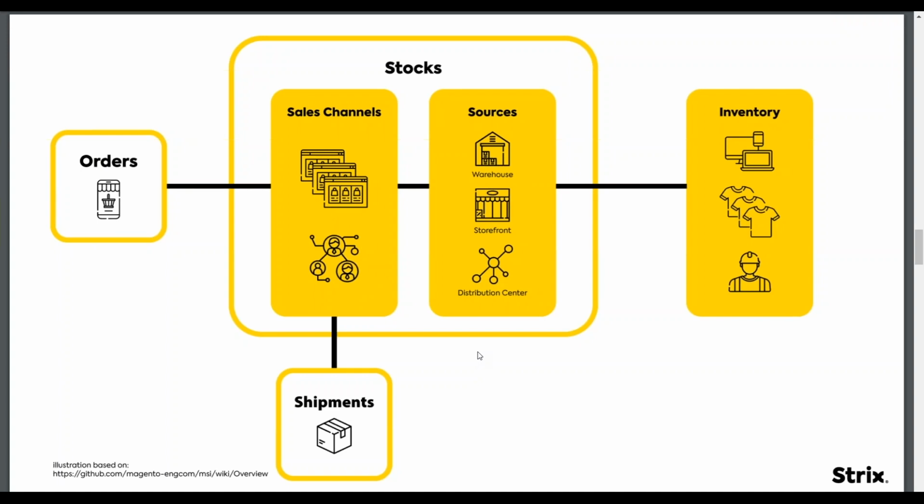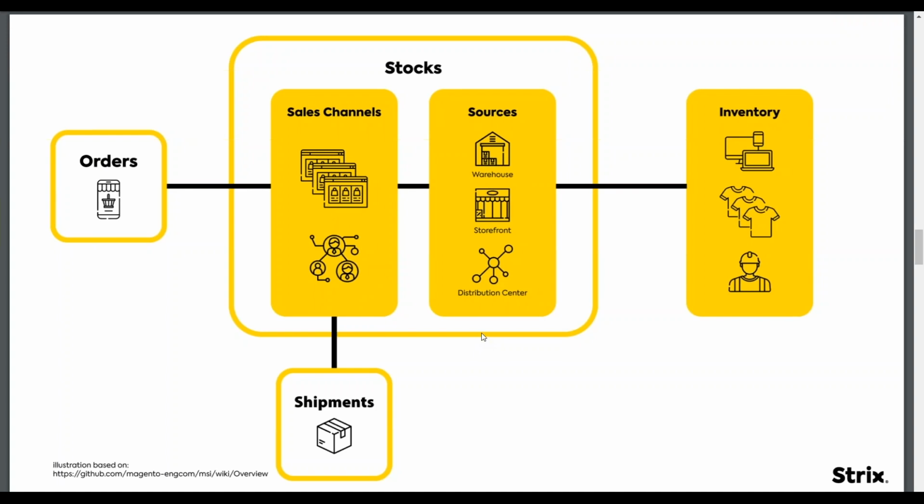So for now you can define any kind of sources, and you can manipulate a large number of sources. You can add an address, you can add a GPS location, postcode, and so on, and match these sources into one virtual aggregated state of quantities.